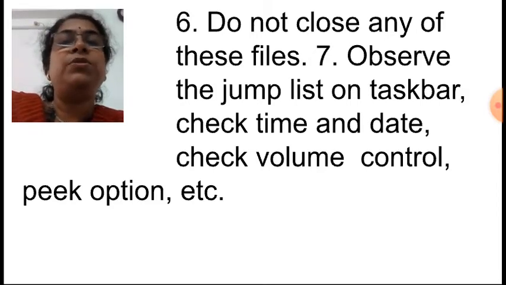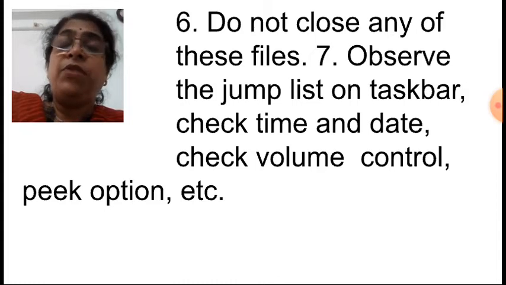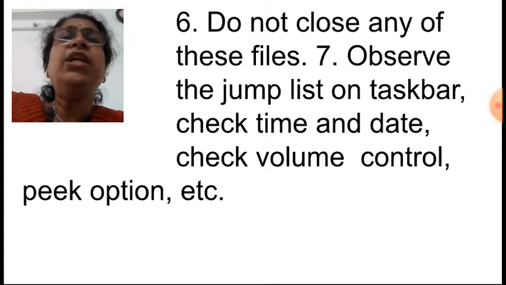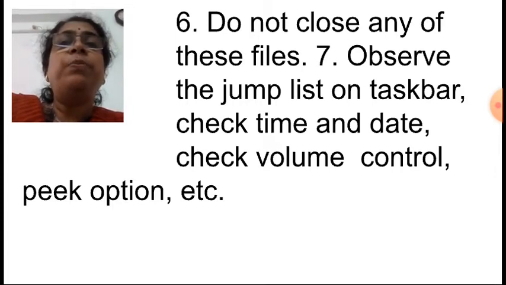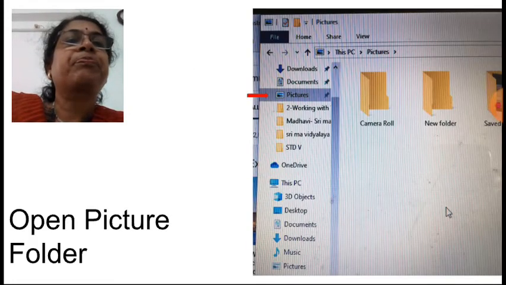And the peek option, that is, even though all other files are open, you can directly switch over to the desktop. All other opened files will become transparent, and you can see the desktop directly with the peek option. All this we are going to do step by step.